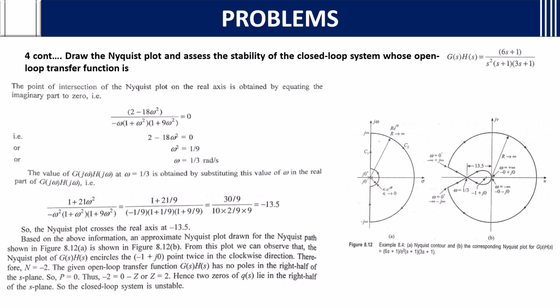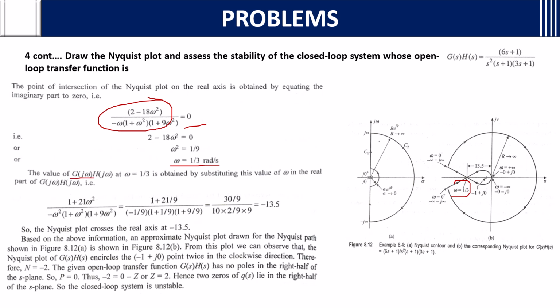The point of intersection of the Nyquist plot on the real axis is obtained by equating the imaginary part to 0. You can get this value, which point it is on the real axis. Imaginary part if you put to 0, you will get omega equals 1 by 3.